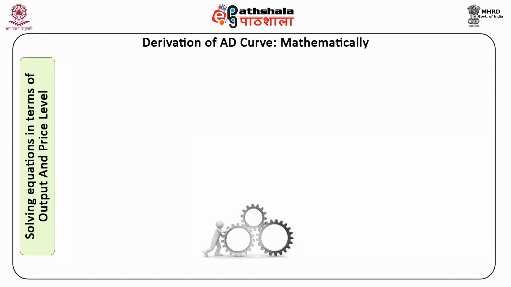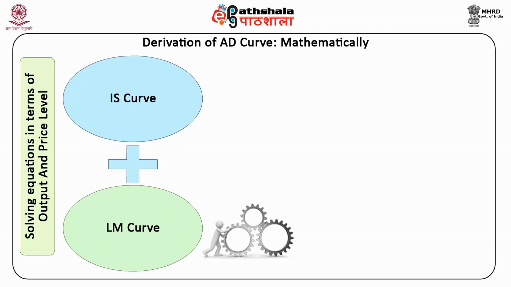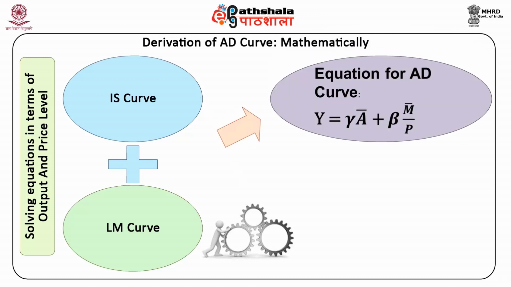By solving the equations of the IS and LM curves in terms of output Y and price level P, we derive the equation for the aggregate demand curve, which is given as follows.